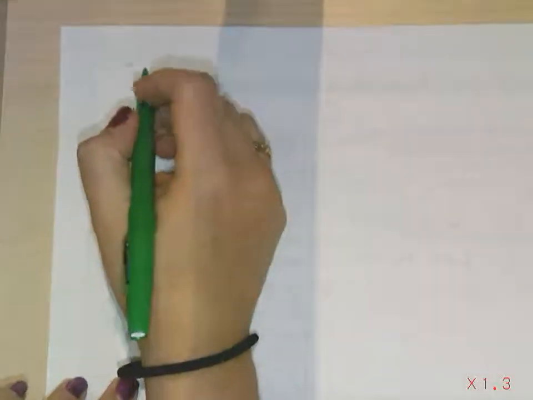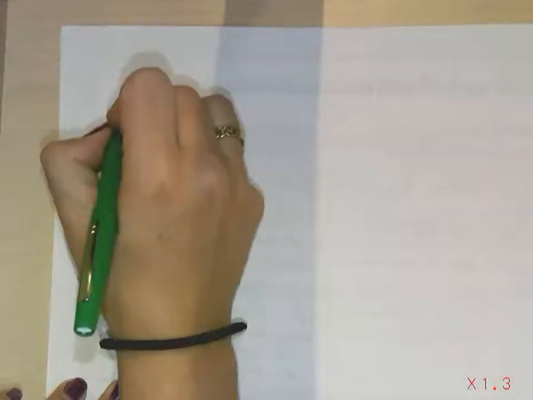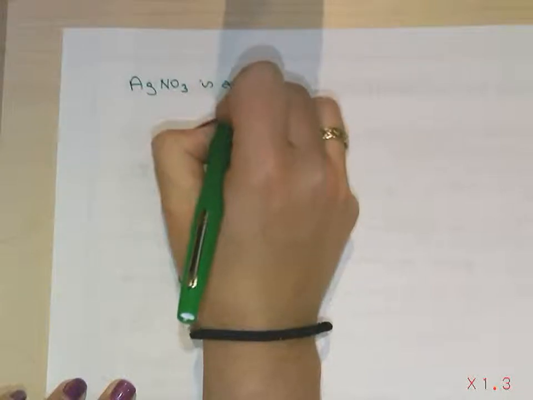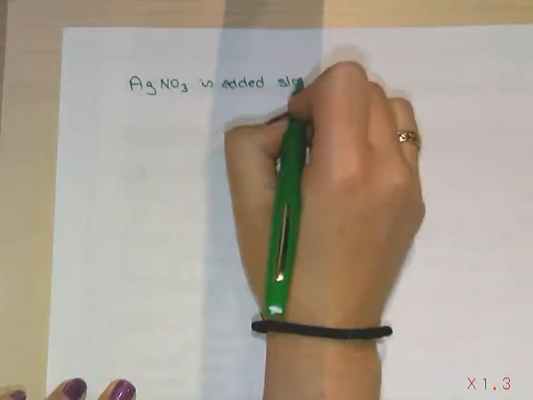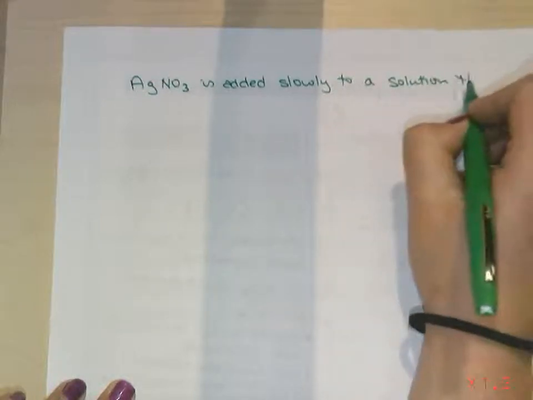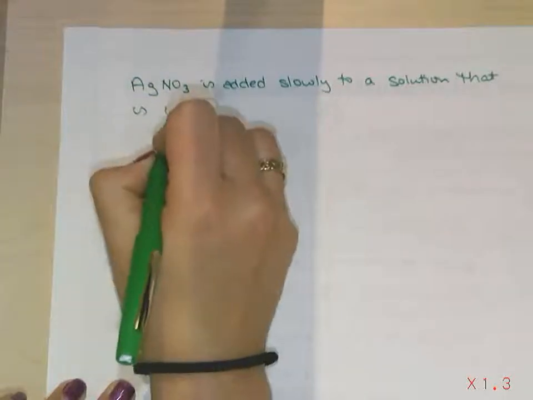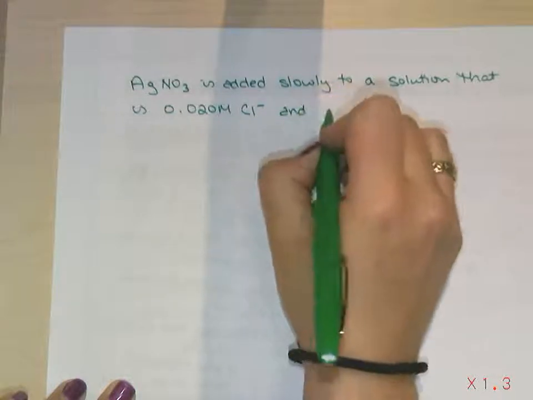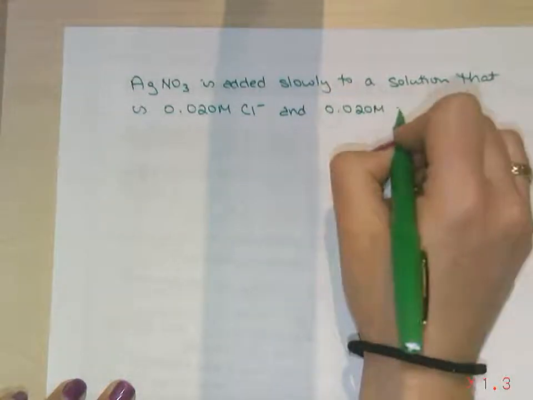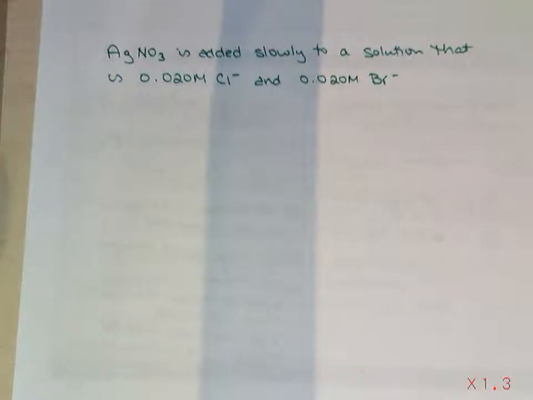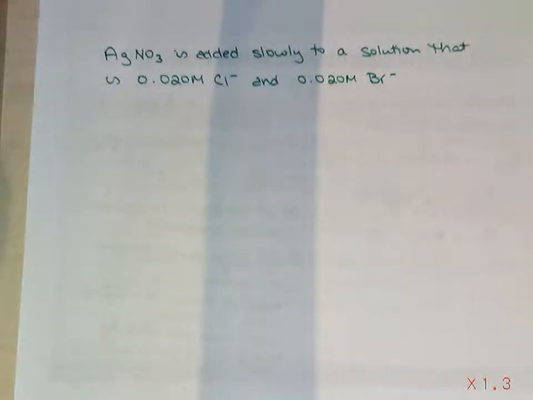Let's say I have silver nitrate being added slowly to a solution that has 0.02 molar chloride ions and 0.02 molar bromide ions.